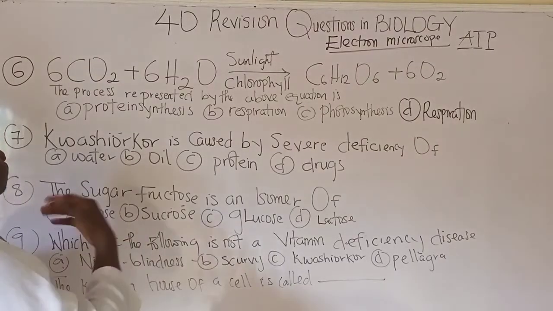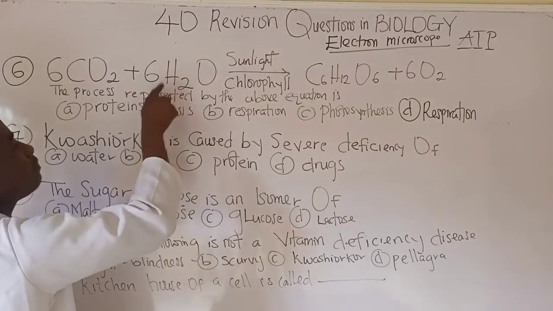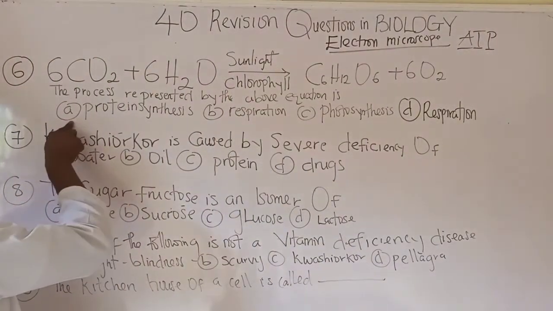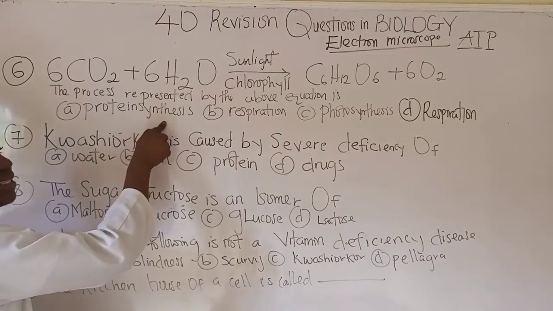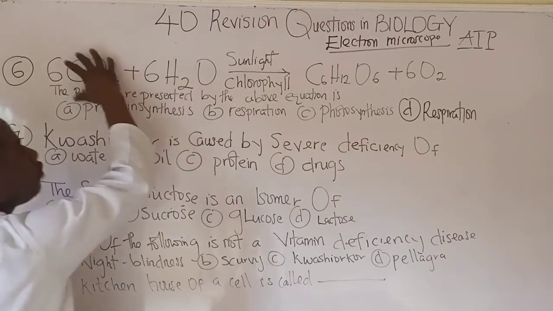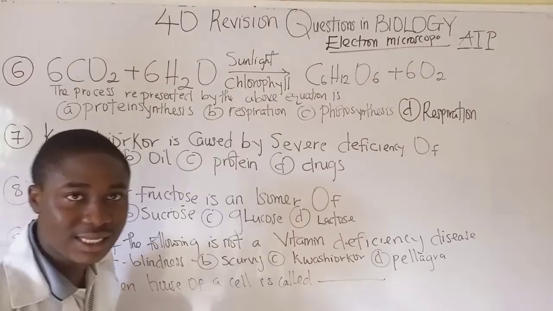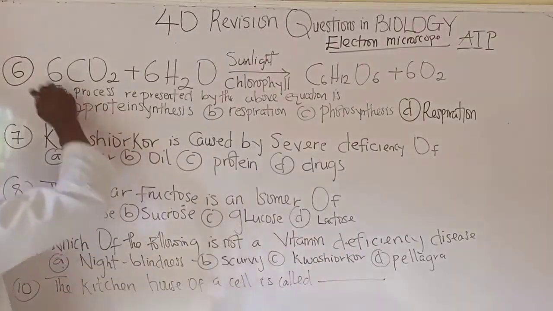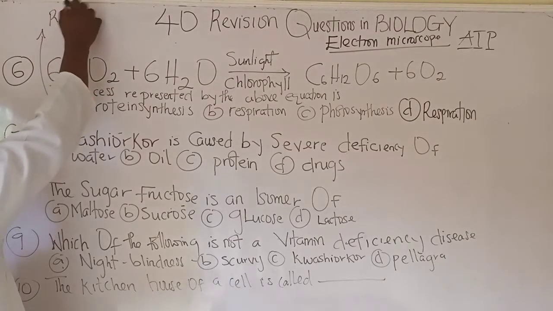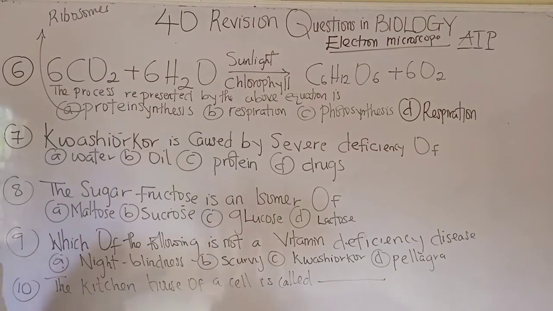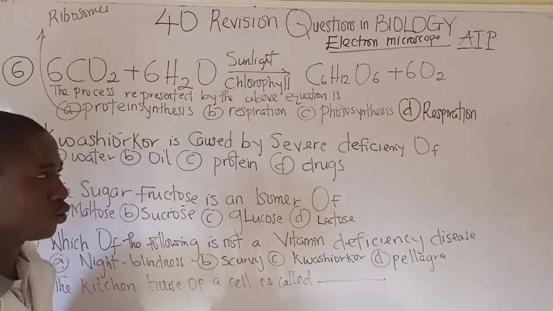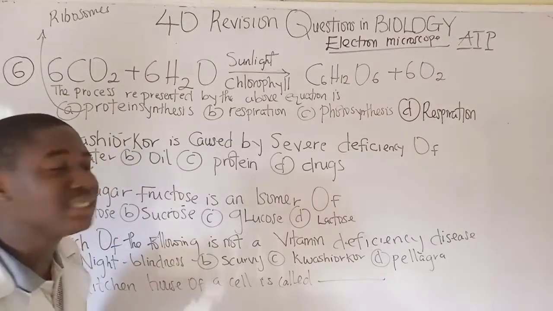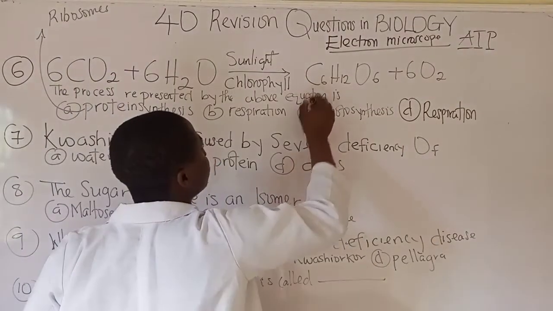The question says the process represented by the above equation is what? Option A, protein synthesis. No, this is not relating to this equation. Protein synthesis is done by an organelle in a cell called the ribosome. Option B, respiration. This is not the equation for respiration. Option C, photosynthesis. This is the equation of photosynthesis.